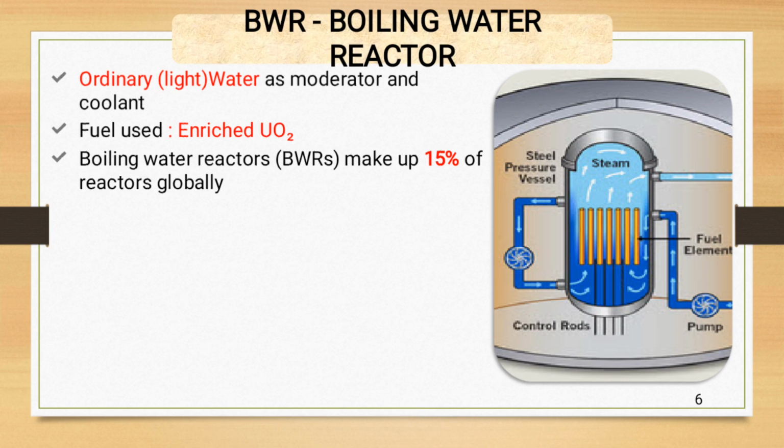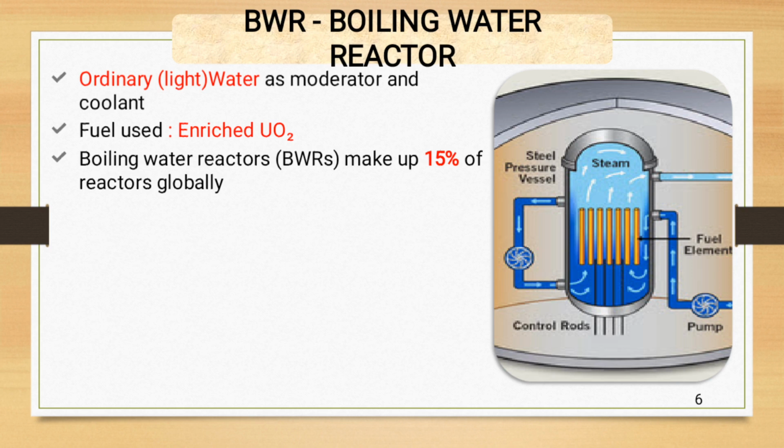The most abundant is uranium-238, almost 99.3%, and uranium-234 is only in trace amounts. So uranium-235 at 3.5 to 4.5% is called enriched uranium.